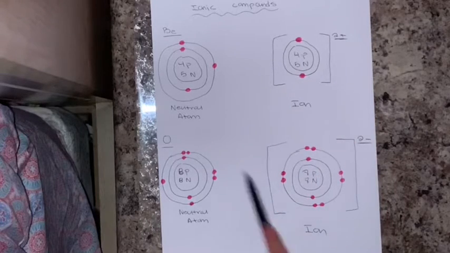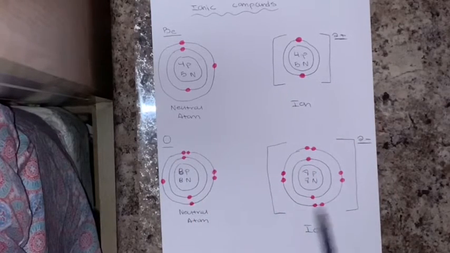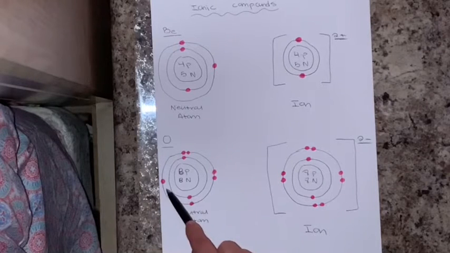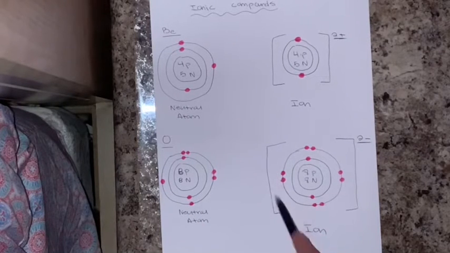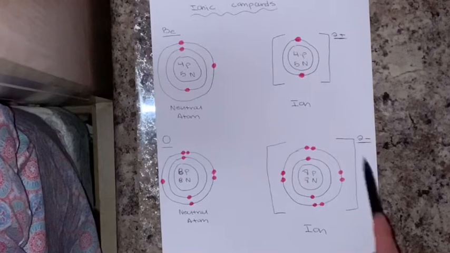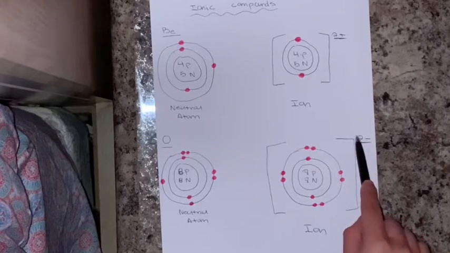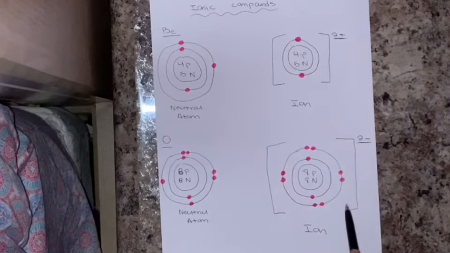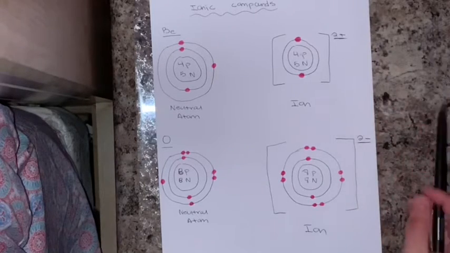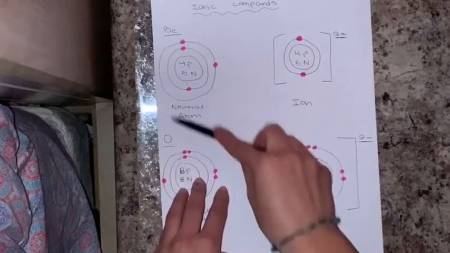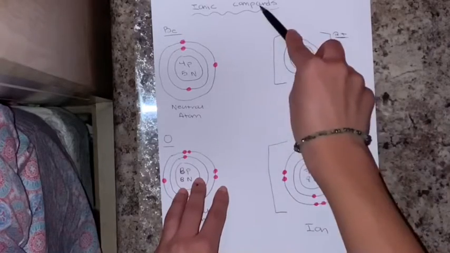And here we have it in brackets. And here we have oxygen's ion, and here it has a charge of -2 because it gained 2 electrons in order to complete the octet rule. So it has a negative charge of 2, and we have that in brackets as well to show that it's an ion. And so we are going to create a compound between these two, between beryllium and oxygen.